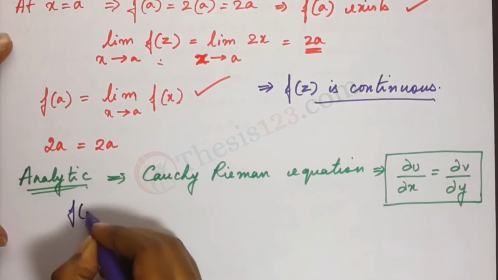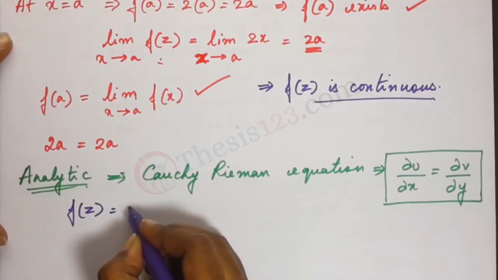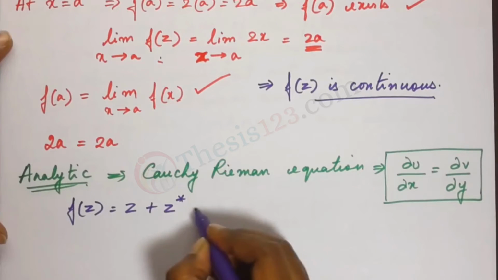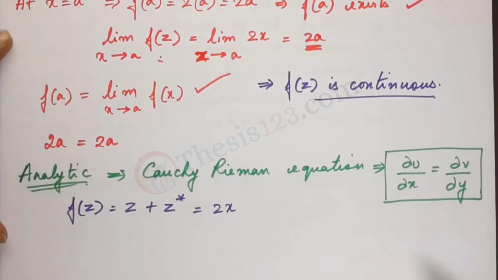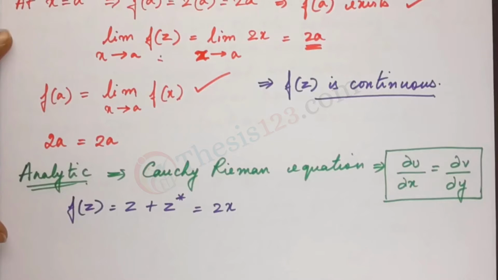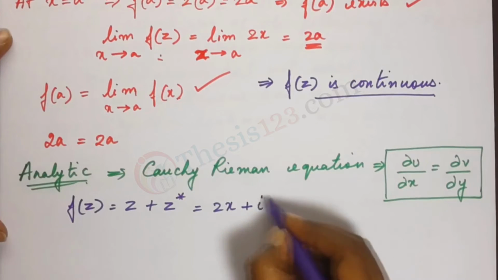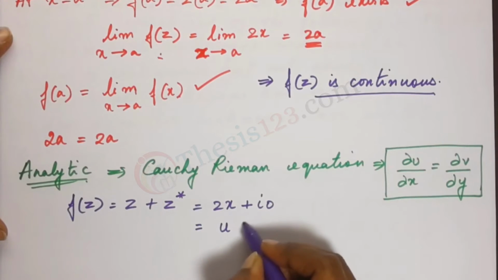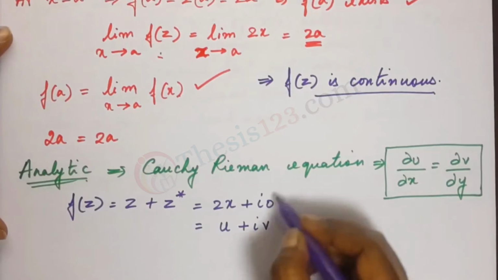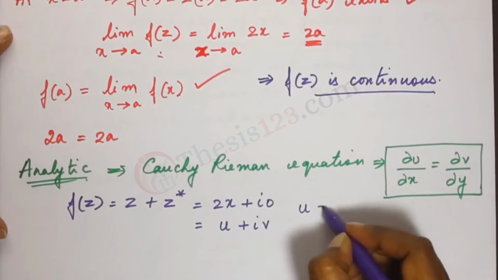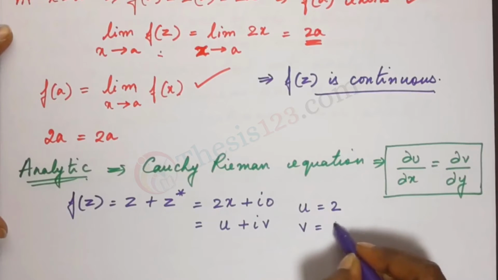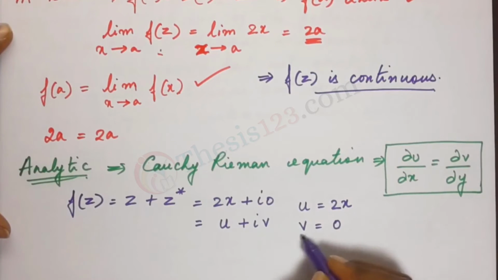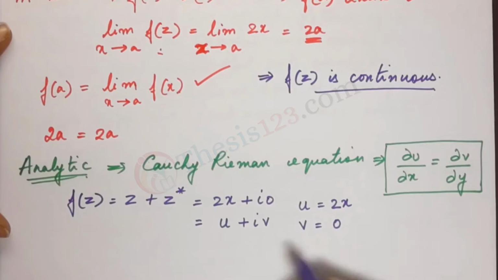We have f(z) is equal to z plus z conjugate, and we found that to be 2x. So if we were to write it as a complex term, let's write this as 2x plus i0. And let's assume that this is u plus iv. Now comparing these two, we see that u is equal to 2x, v is equal to 0.